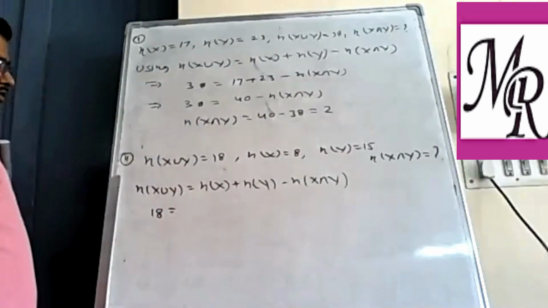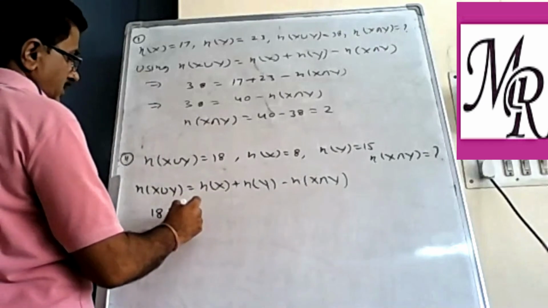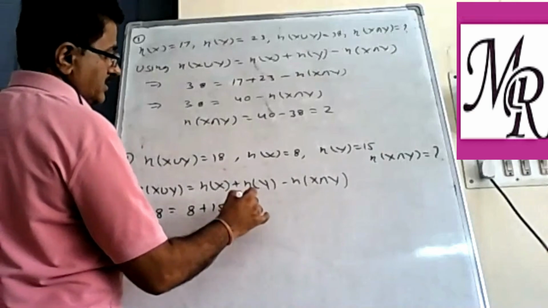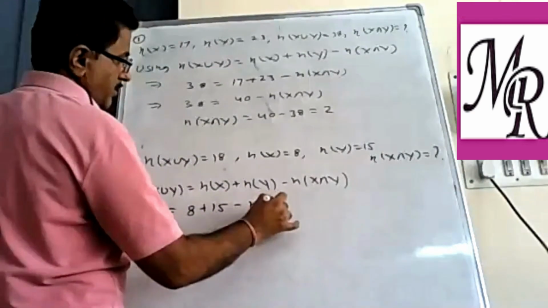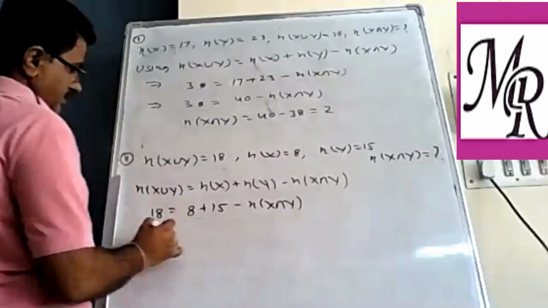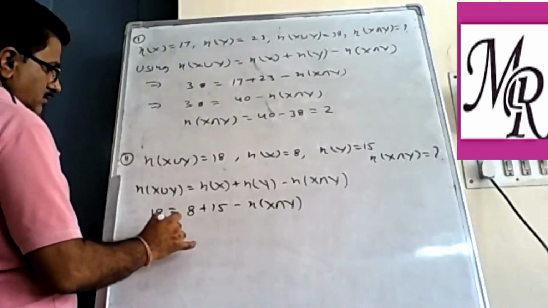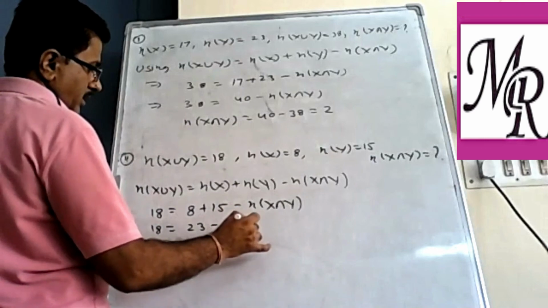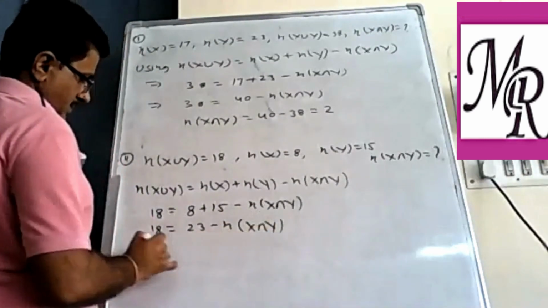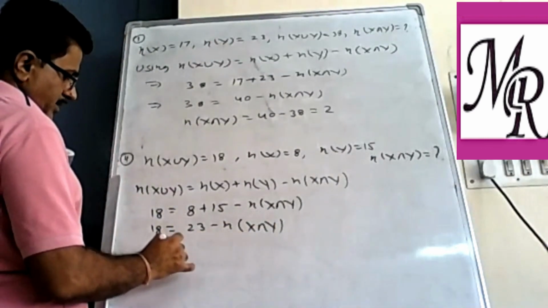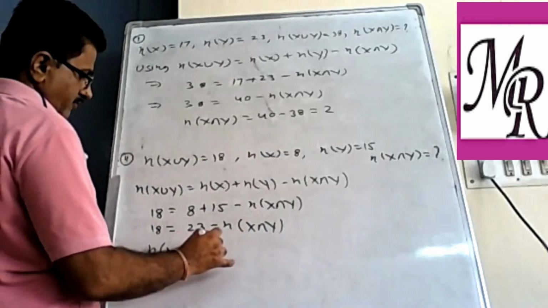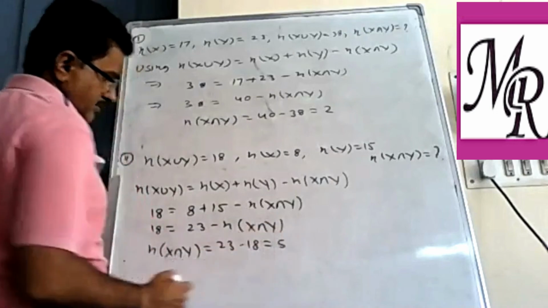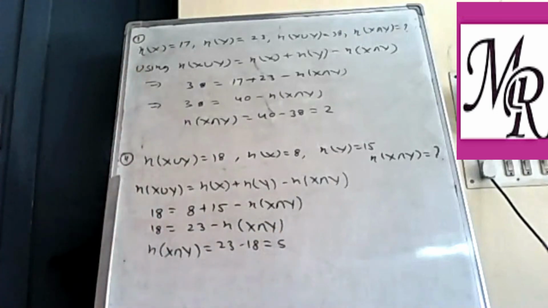So X union Y 18, NX 8, NY 15. 18 equals 8 plus 15 minus number of elements in X intersection Y. So number of elements in X intersection Y is 5. 5, sir. Good.